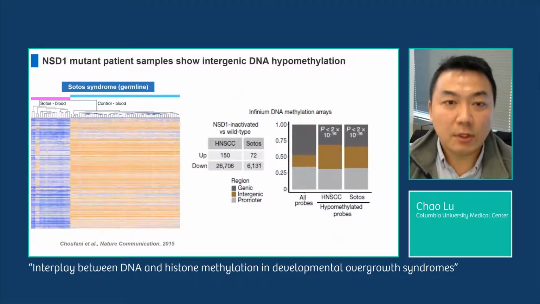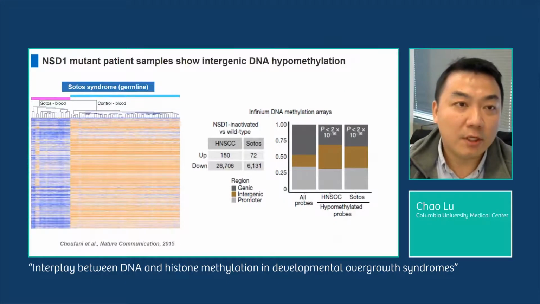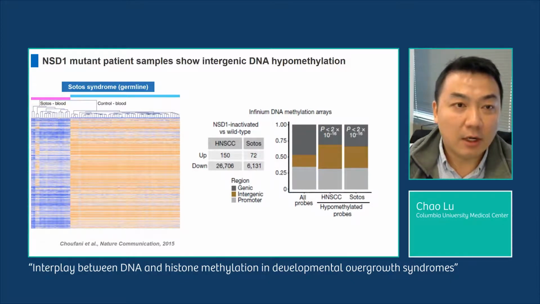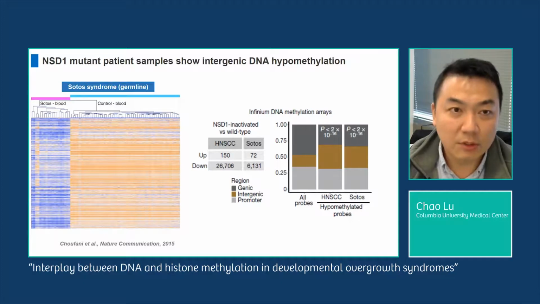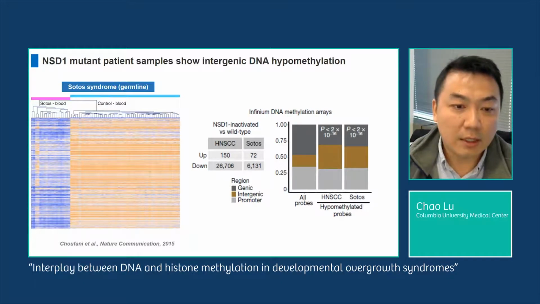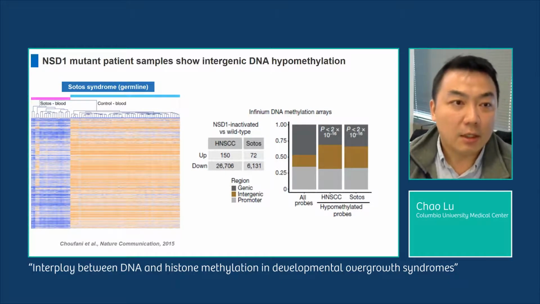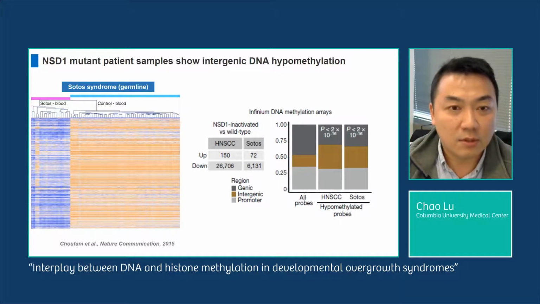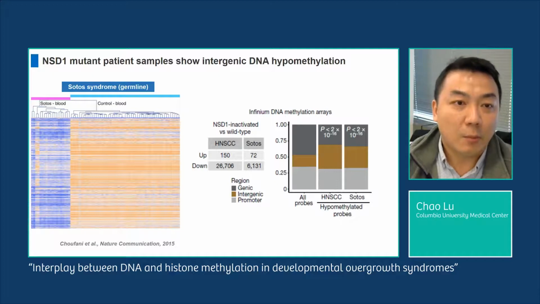We want to extend those both molecular and biochemical findings into patient samples. As I mentioned, NSD1 defines a developmental syndrome known as Sotos syndrome. Previously, there was a Nature Communications paper that took blood samples from Sotos syndrome patients, compared them to control samples, and the authors noticed a genome-wide downregulation of DNA methylation in the blood samples from Sotos patients.